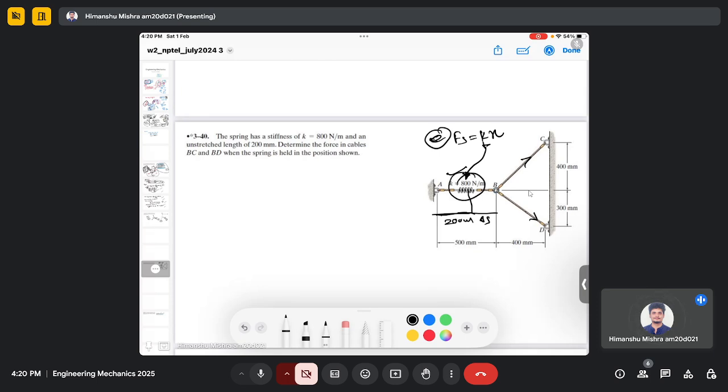To calculate the spring force, we can use the expression for the spring force, which is given in terms of k, and it should be delta x. The delta x is the final position of the spring minus the unstretched length.